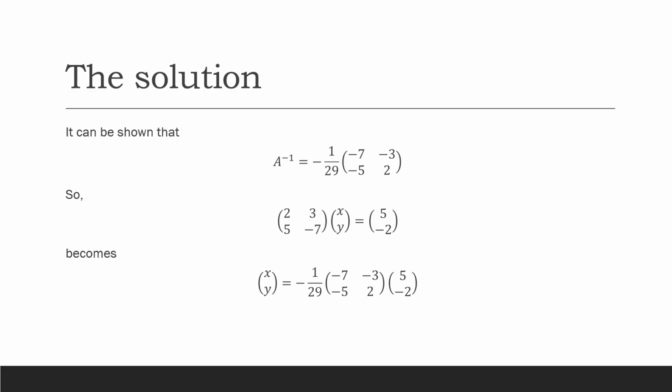On the right-hand side, I've got to do a little bit of multiplication. The numbers are a little bit awkward, but it does give me x is 1 and y is 1 in just the same way. So that's why we do it, and the principle is the same for 3 by 3s and 4 by 4s. We can do that.